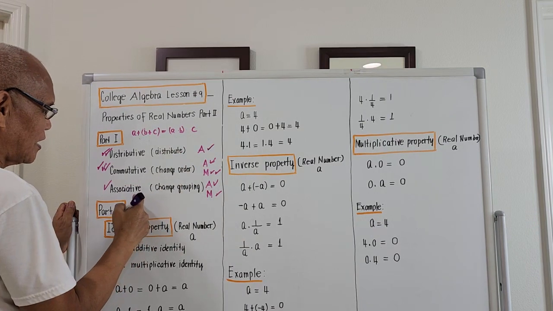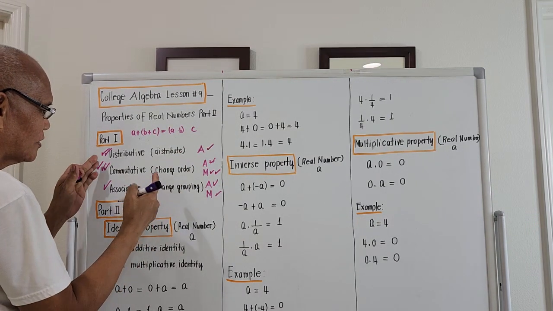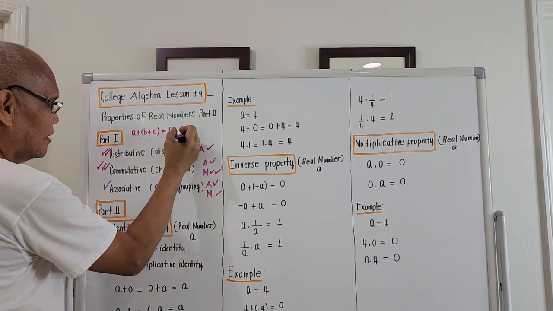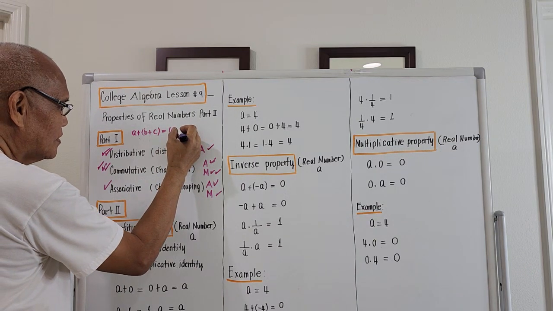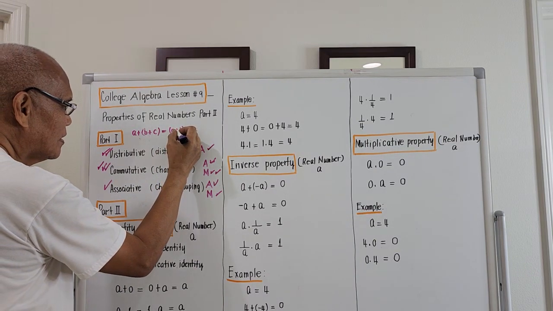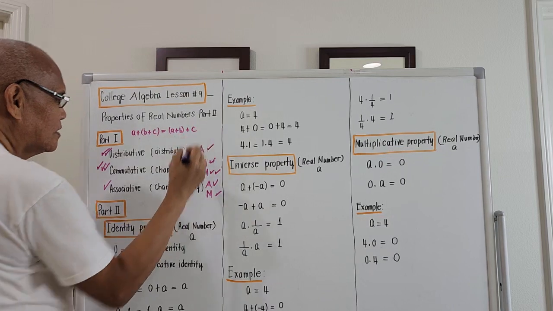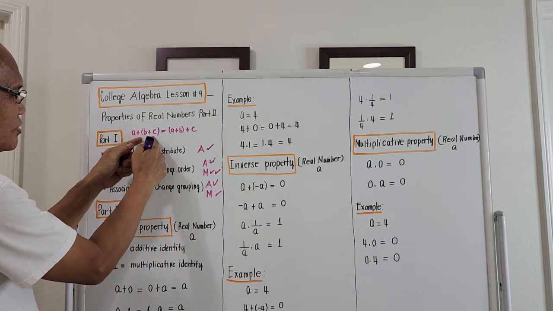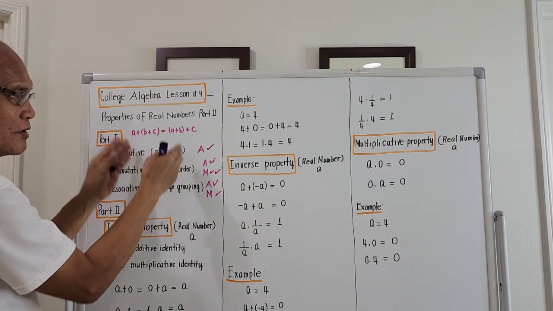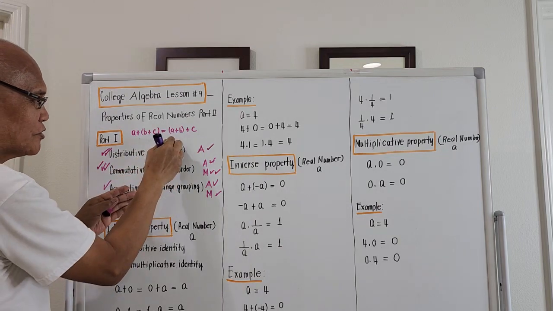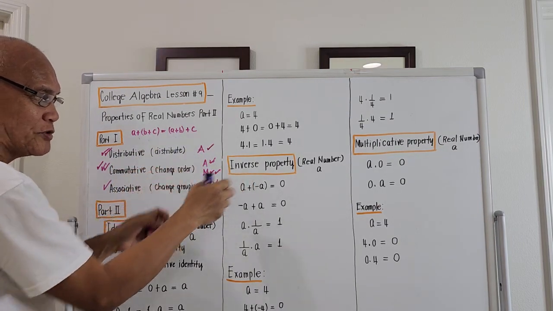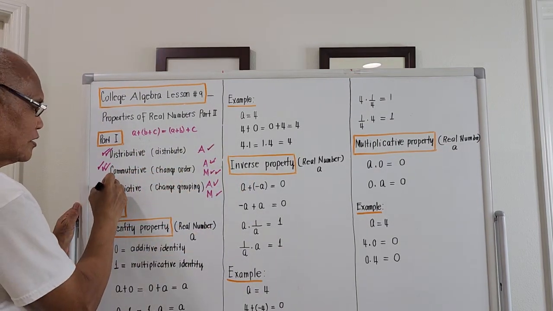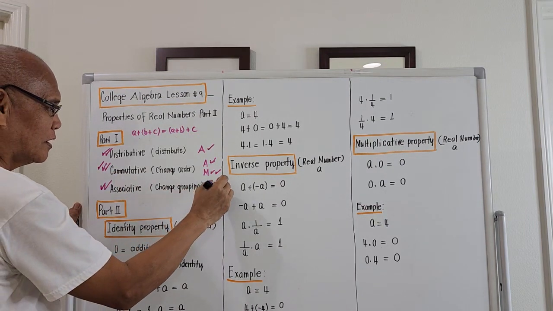So actually, this associative is similar to the so-called distributive, right? This is A plus B, this is plus C. You just change what will be inside the group, and it will not change the value of the expression. That is associative with respect to addition.